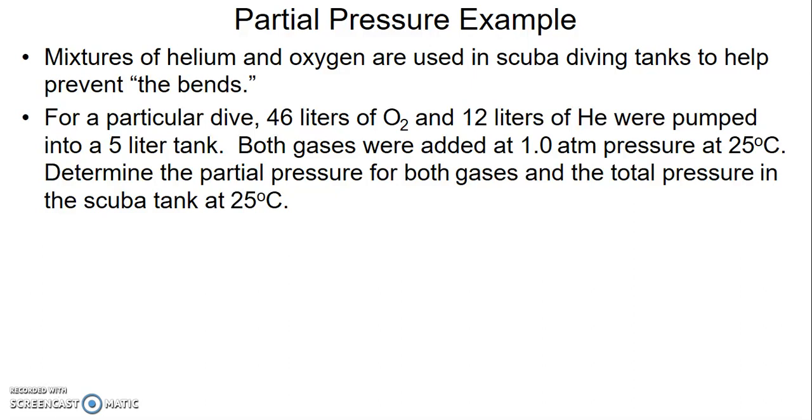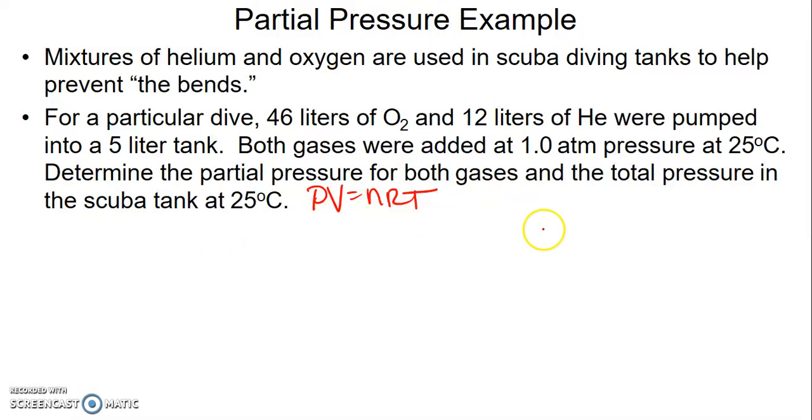Both gases are added to the tank at 1 atmosphere of pressure at 25 degrees Celsius. The question asks us to determine the partial pressure for both gases, and the total pressure of all the gases in the tank at 25 degrees. So we're going to be using PV = nRT.